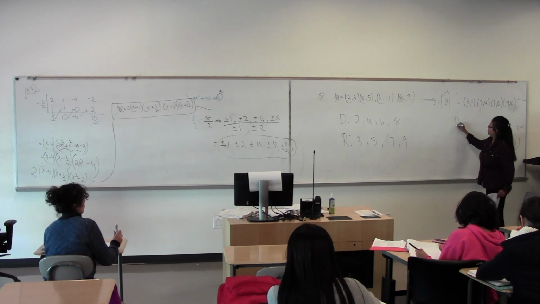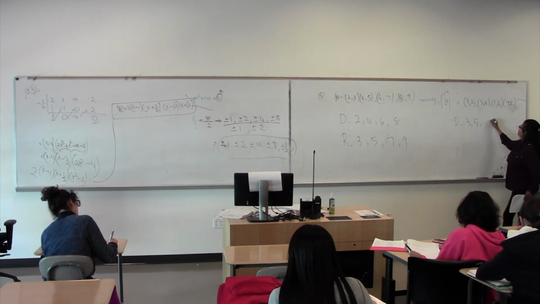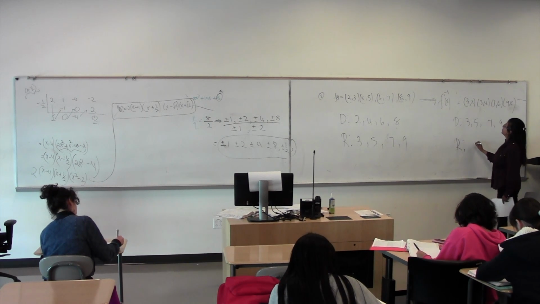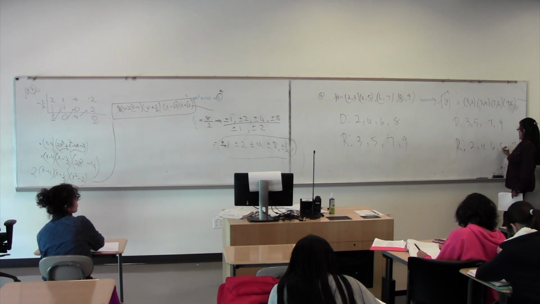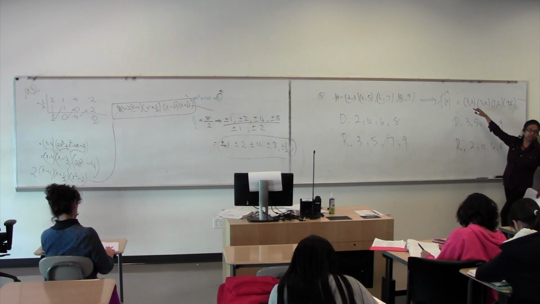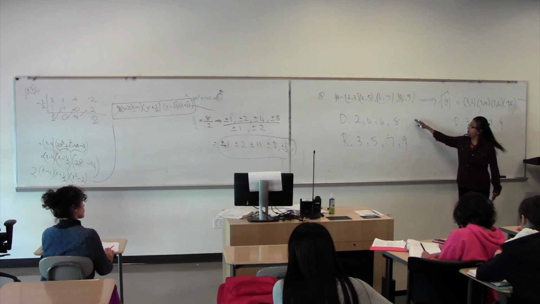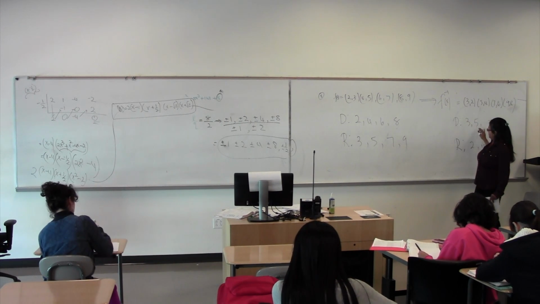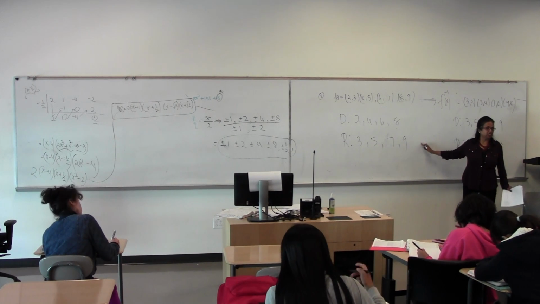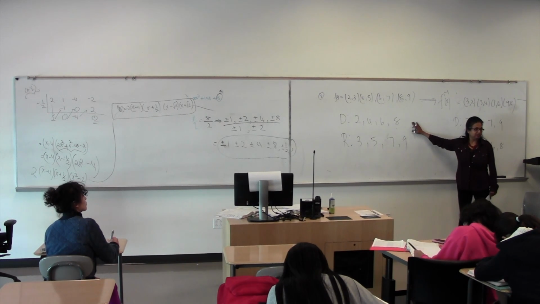Now what's the domain of this function? 3, 5, 7, and 9. What's the range of this function? 2, 4, 6, 8. What can you conclude from this? When you find the f inverse, the domain and range switch, correct? The domain of this is the range of the other. So if I ask for the range of a function, all I have to do is find the domain of its inverse.